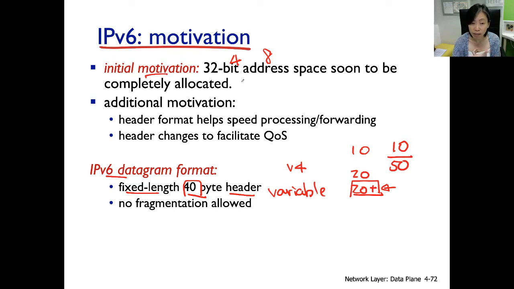So unavoidably, we have very long IP addresses, and two of them, one for the source IP, another one for the destination IP, together 32 bytes. If you look at this, the version 6 header is 40 bytes, so we have only 8 bytes for the additional fields. While in version 4, 20 bytes long, we have 12 bytes for the additional fields.